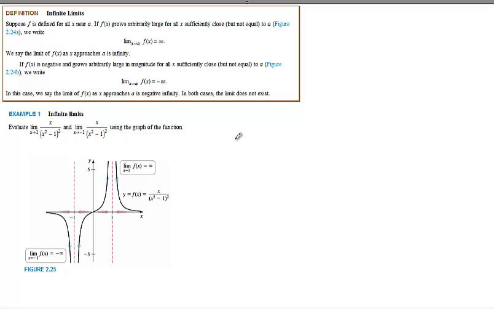Let's look at this example 1. They want us first to look at the limit as x goes to 1 of this function f of x, and I could write the function there, but I'm lazy. So as x goes to 1, I need to look at this both on the left and the right.